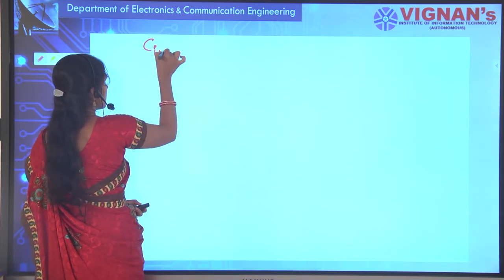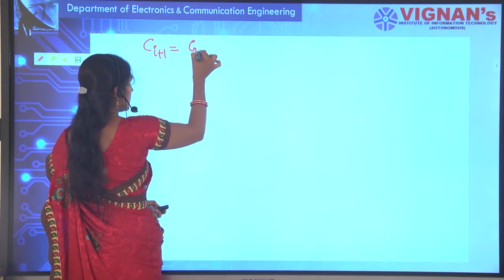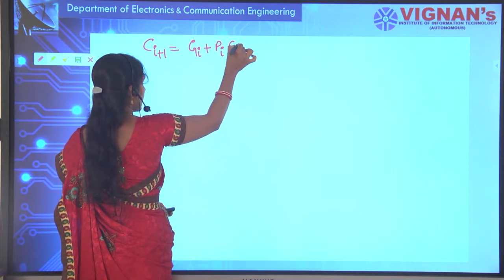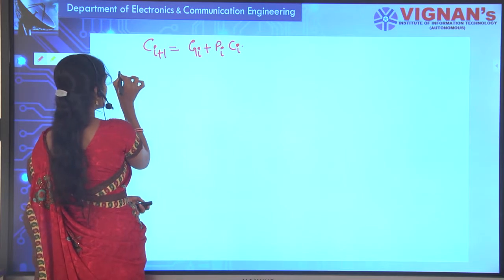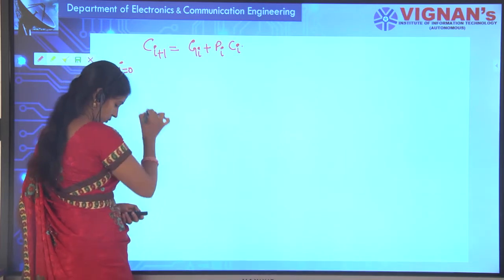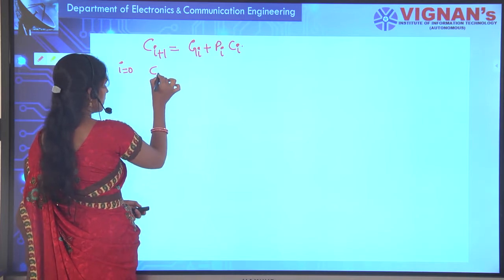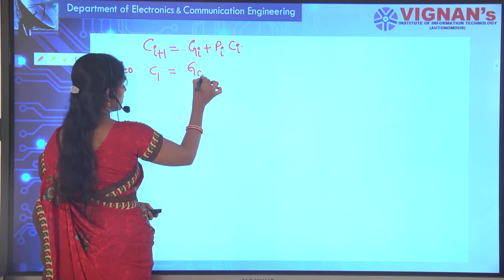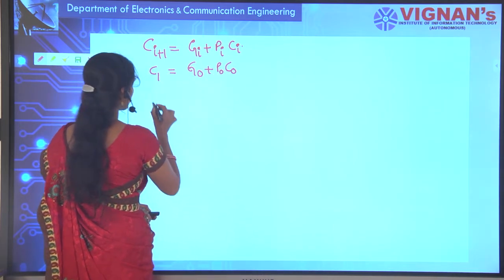See here, C(i+1) is equivalent to Gi plus Pi into Ci. Suppose i is equivalent to 0, substitute here: C1 is equivalent to G0 plus P0 into C0.